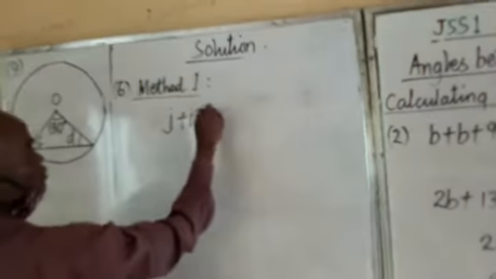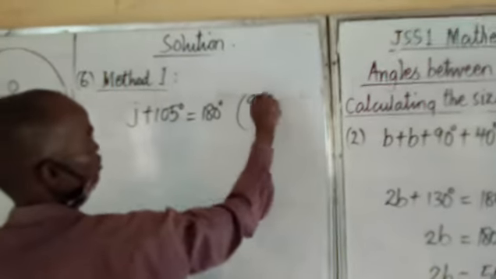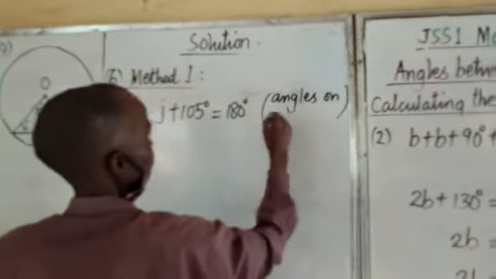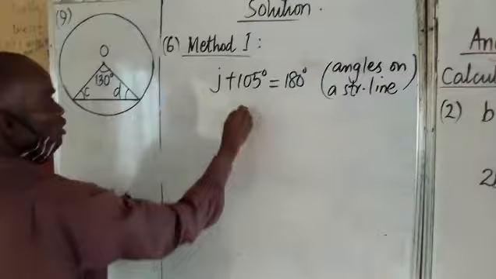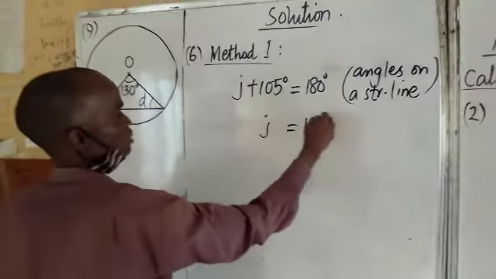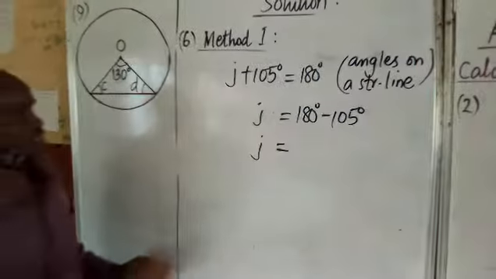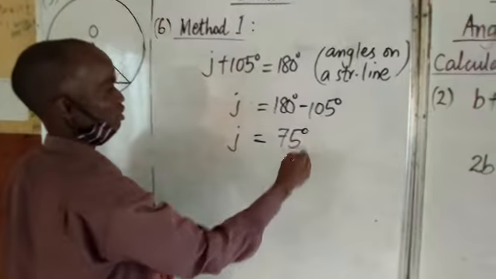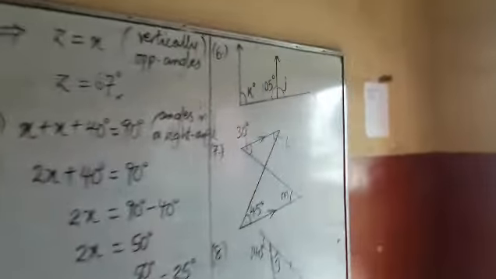J plus 105 degrees is equal to 180 degrees. Angles on a straight line. Okay? J will be 180 degrees minus 105 degrees. J is 75 degrees. Okay, with the value of J, we can find K. You can see the diagram.